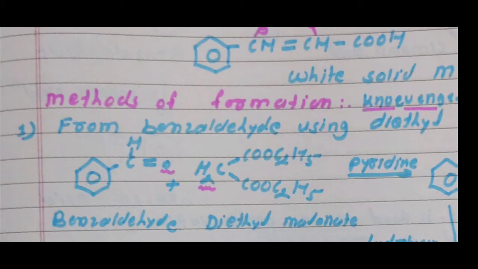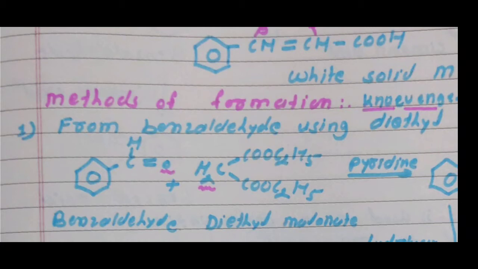There are two methods of formation. The first method is the Knoevenagel condensation and the second one is the Perkin reaction. First we study the Knoevenagel condensation, or preparation of cinnamic acid from benzaldehyde and diethyl malonate.